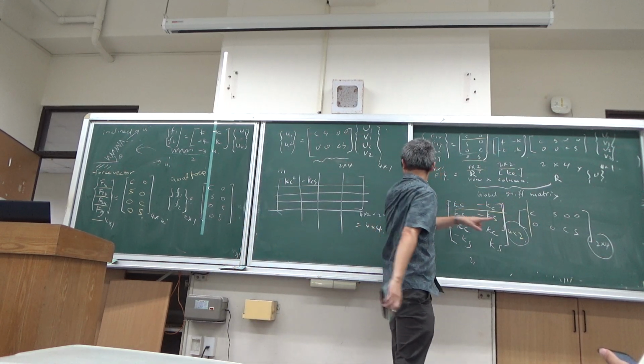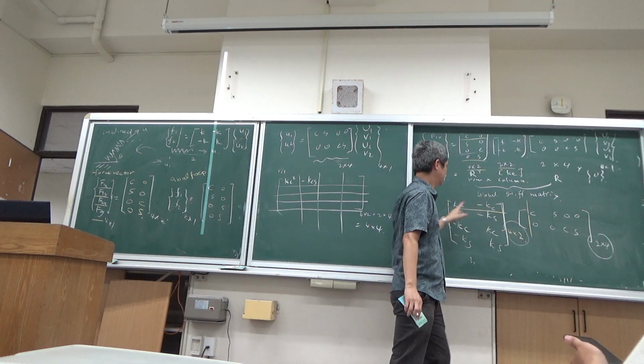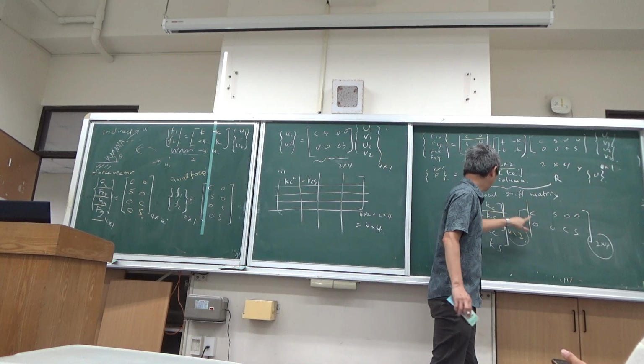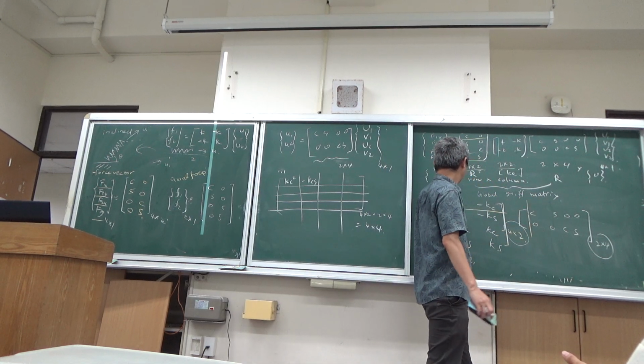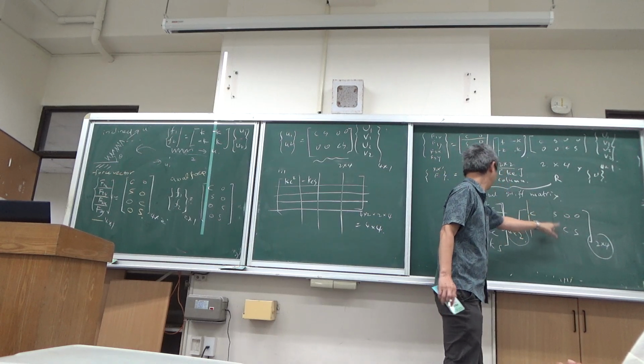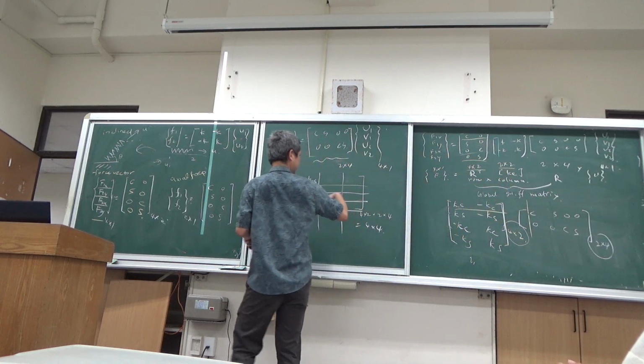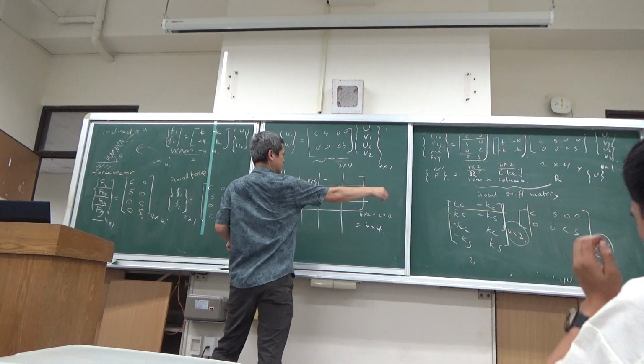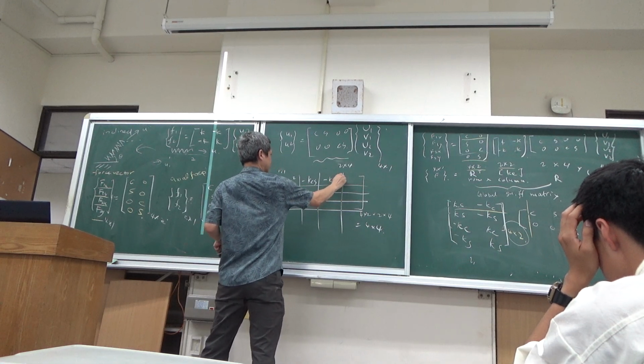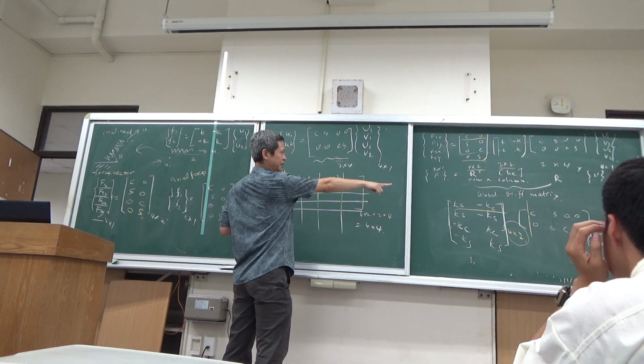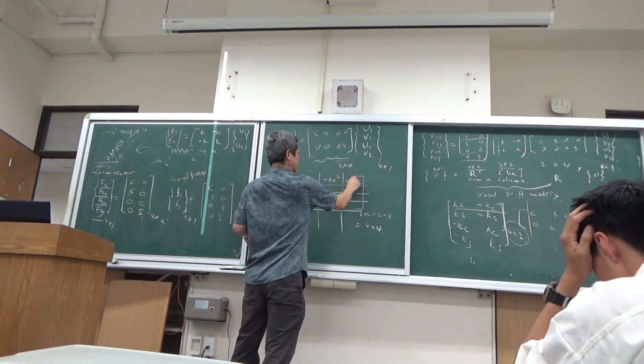First row. First column, first row, second column, and then the third column, you have the minus KC square, and then you have the minus KCS.